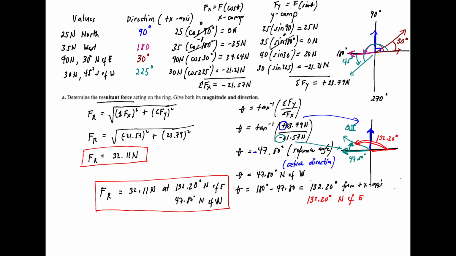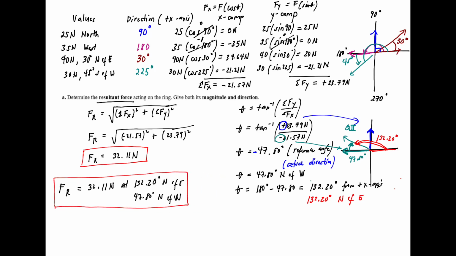So both of these directions are correct. And so perhaps if we imagine this as the tree, all the forces will concentrate on 47.8 degrees north of west. So somehow this is here. So the tree will be pulled towards here.